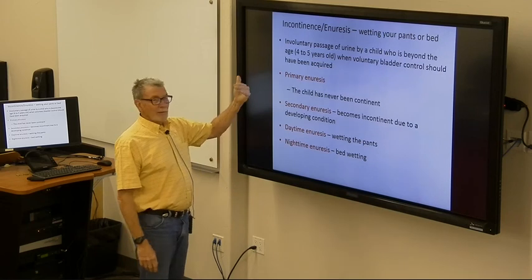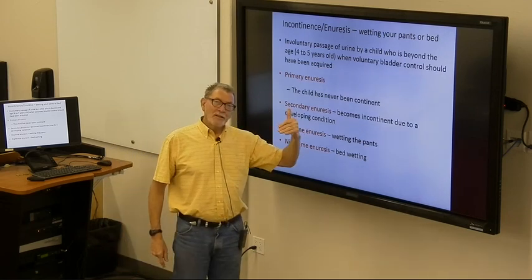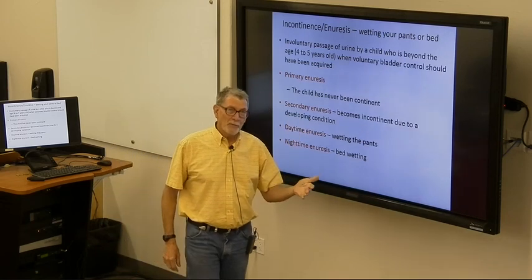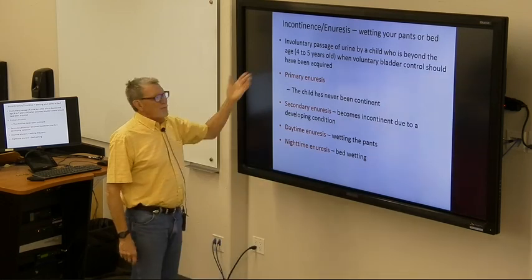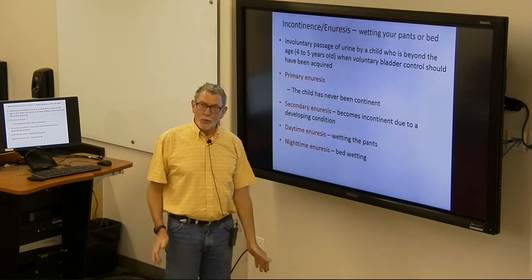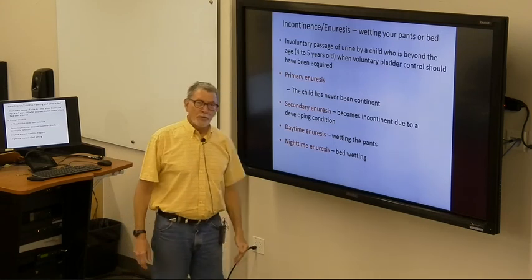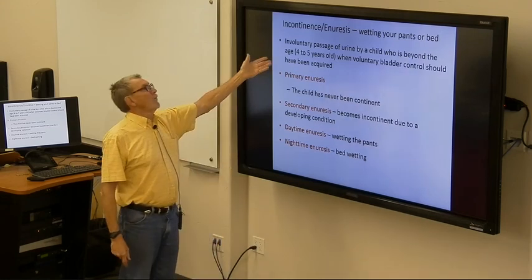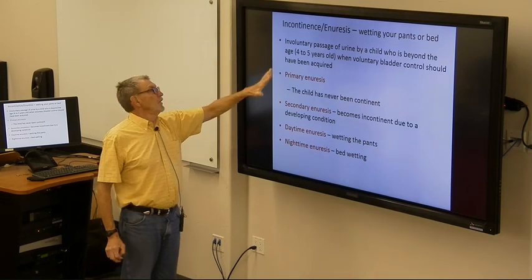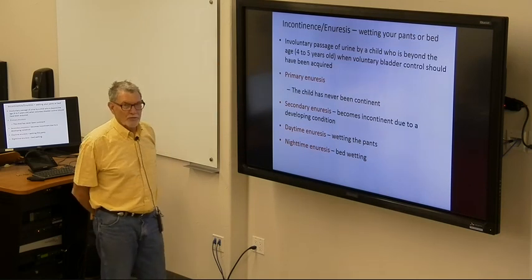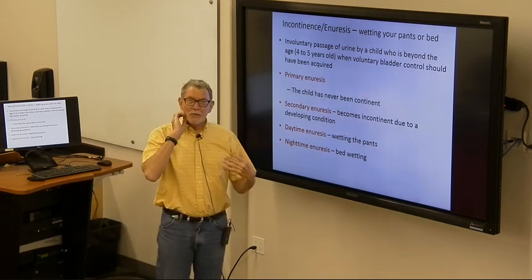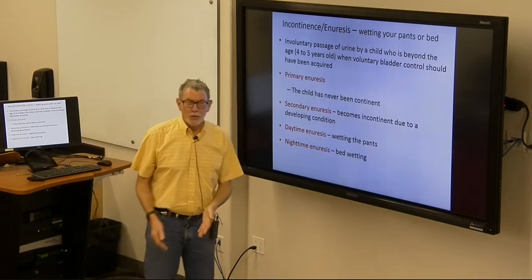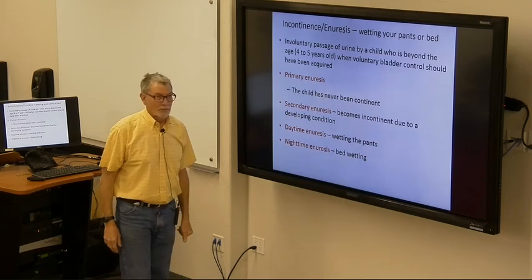Now when it gets a little bit later, even some kids stop that by the time they're 2 or 3, but certainly by 4 or 5, if they haven't been able to control their urination and are peeing on themselves all the time, then it's a problem. It's actually enuresis. It's incontinence or enuresis in the baby. Primary enuresis means that they never did gain control of their urinary processes.